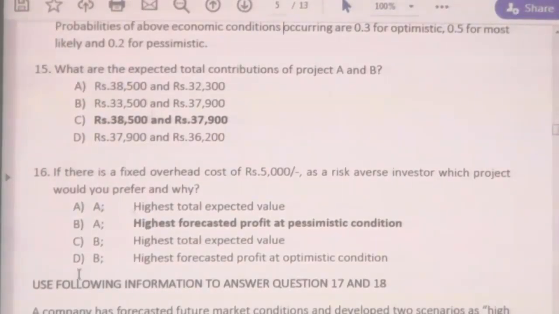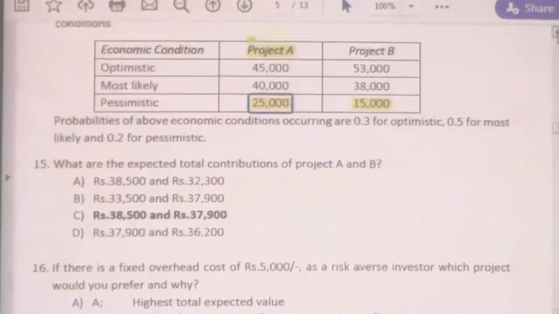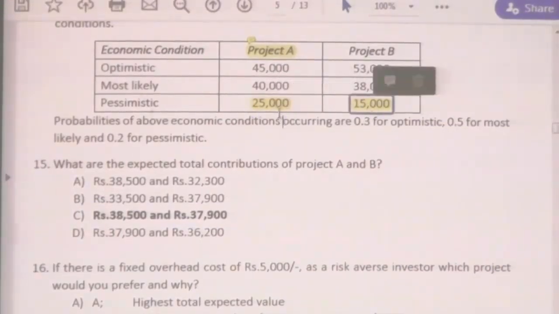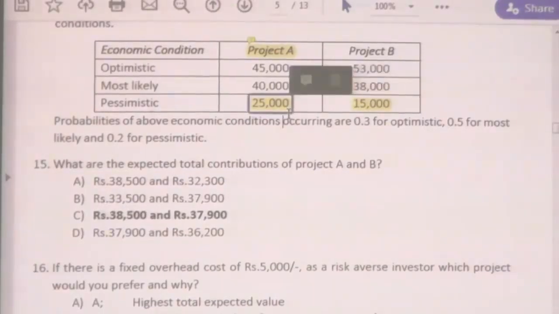Answer D, project B, highest forecasted profit at optimistic condition? He is risk averse and doesn't like to take risk, therefore he selects the lowest profit. Lowest profit of B is 15,000, lowest profit of A is 25,000. Then they use the maximin rule: select the minimum, then select the highest out of the minimum. You know the highest out of the minimum is 25,000.